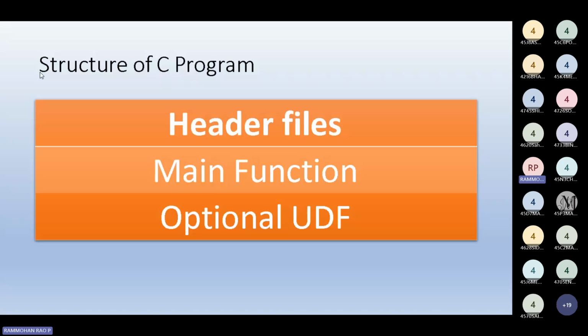These kinds of functions which are related to input output are available in another header file called stdio.h. Stdio stands for standard input output dot h. So friends, remember, header file extension will be .h, stdio.h, like that. So header files are files in which a lot of related built-in functions are stored.